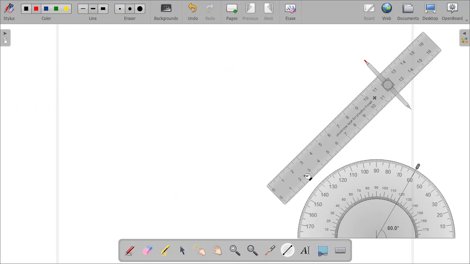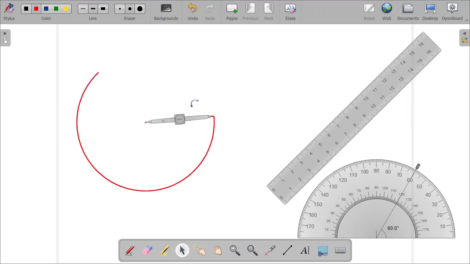So now the same procedure. Don't forget we are inscribing, so we need a circle. I must have a circle because I'm inscribing those polygons in a circle. So I'm going to make my circle right now. Just draw your circle with your compass.